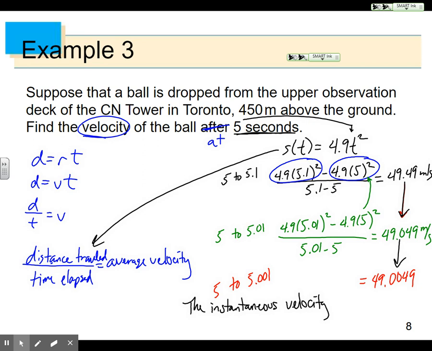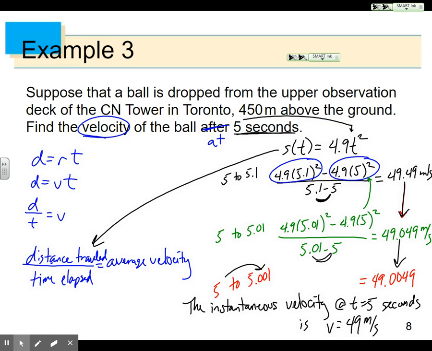And so these time frames are getting shorter and shorter, all the way down to where I was just using 1/1000th of a second. Whatever that's getting close to, that's telling me what the speed is. So the instantaneous velocity at t equals 5 seconds is, I'm going to denote velocity with the v, 49 meters per second.